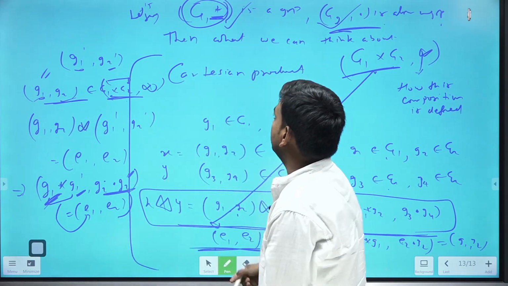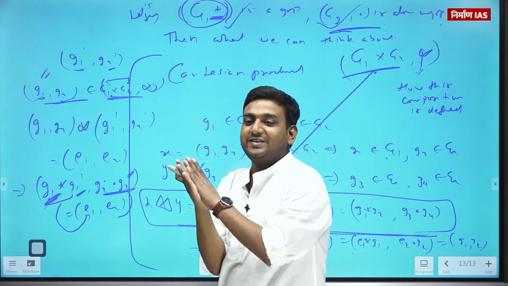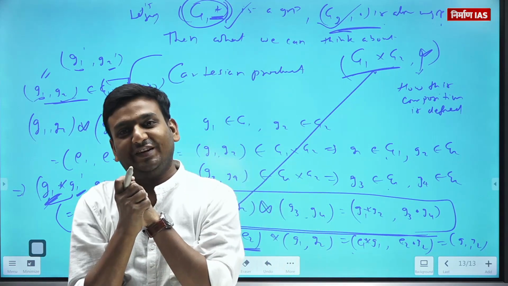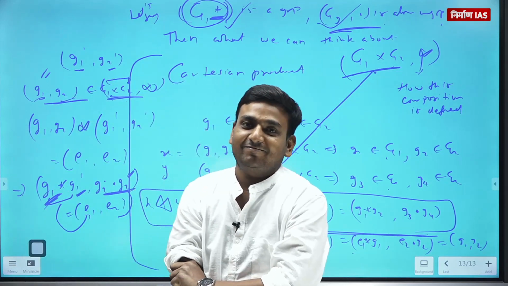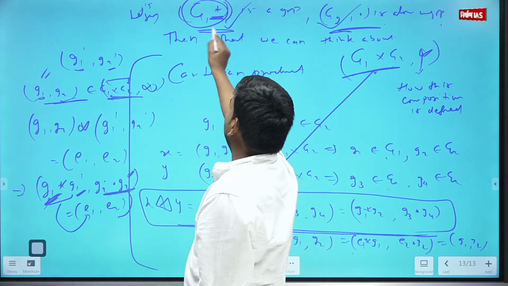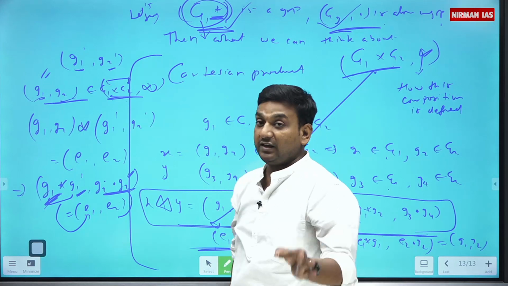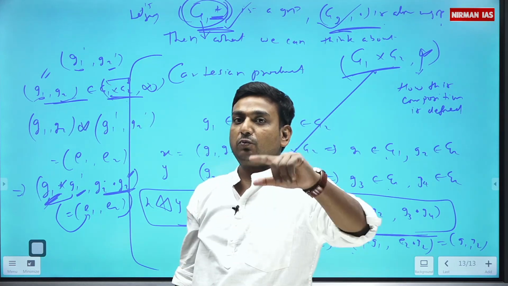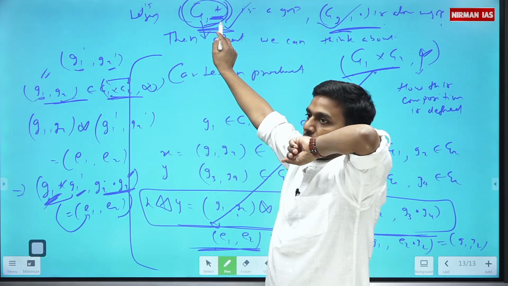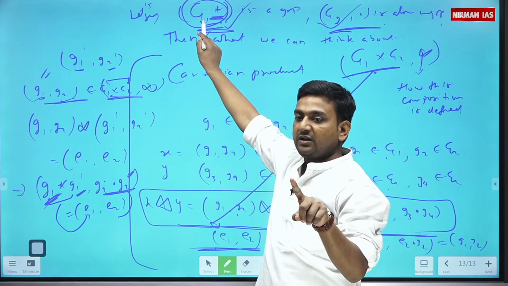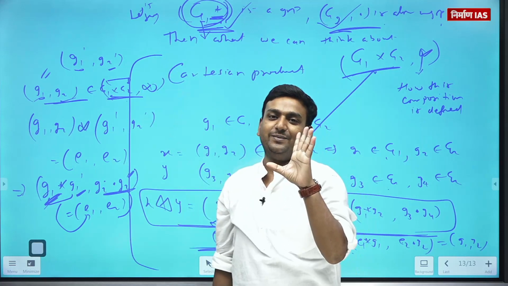Obviously, some people will say, sir, you didn't talk about associativity? Yes, I didn't, but if you are writing on paper, you must write like this. Please listen to the statement. Since (G1, star) is a group, elements of capital G1 follow associativity.